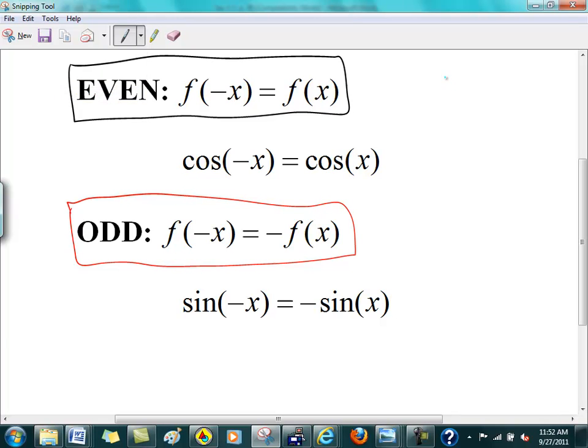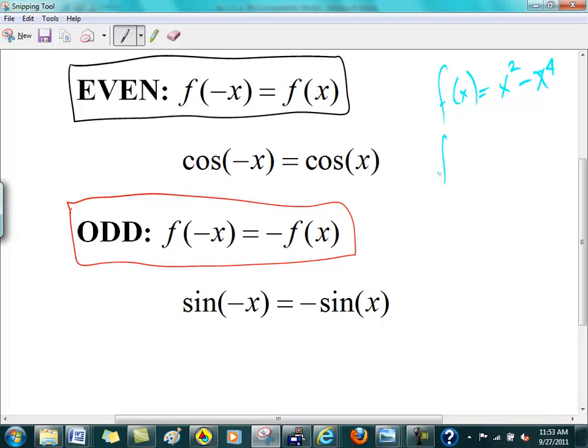Supposing I gave you this function: x squared minus x to the fourth. You can't see? Is that better? Okay. x squared minus x to the fourth. To answer whether this is even or odd, this is what you need to do.